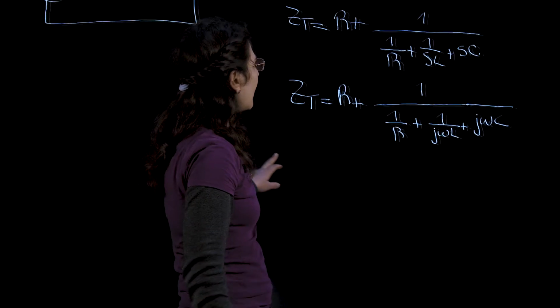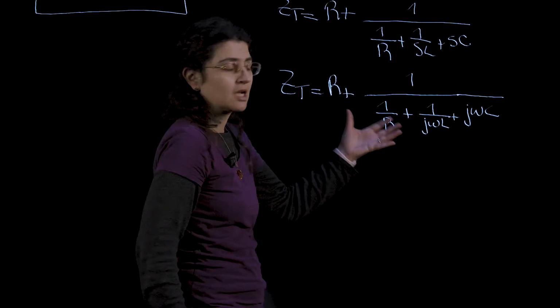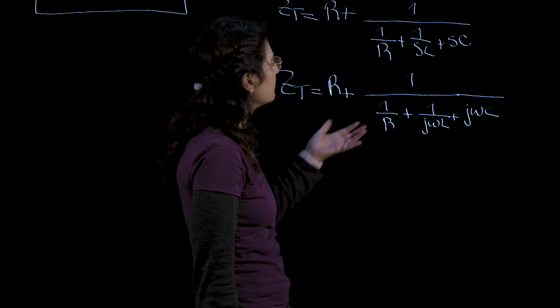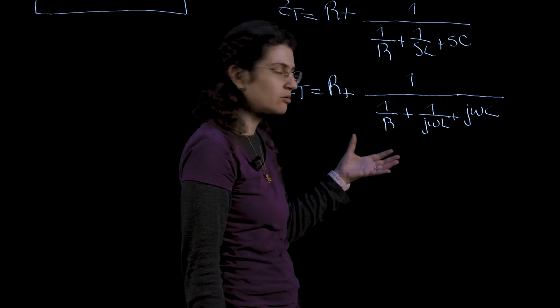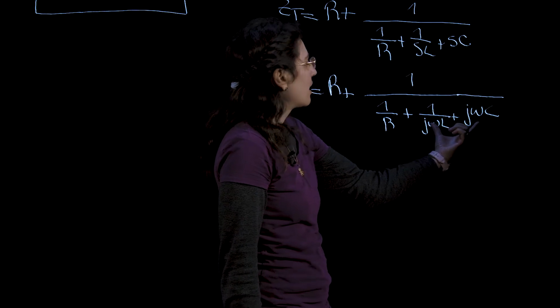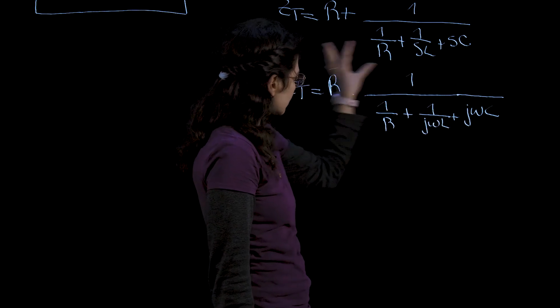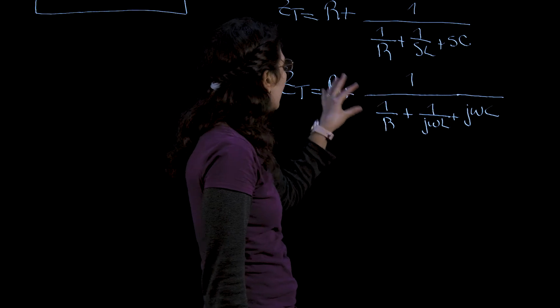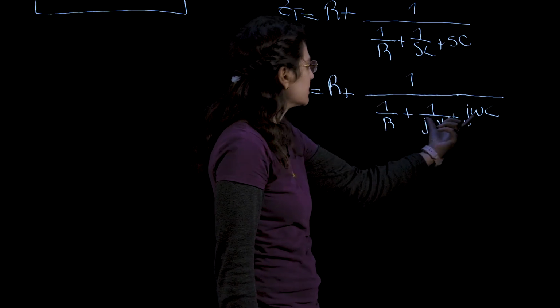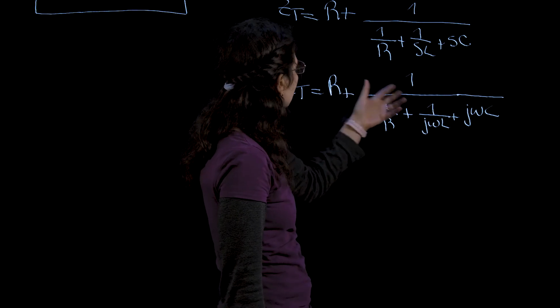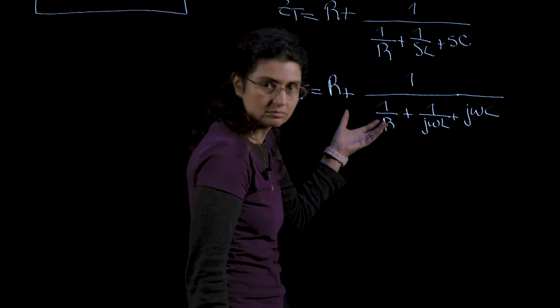Now, this is a complex number, and we need to basically make the imaginary part equal to 0. So if these two go to 0, it doesn't matter how this quotient looks like, I will only get real numbers. If this is 0, I have R plus R, so I have 2R.